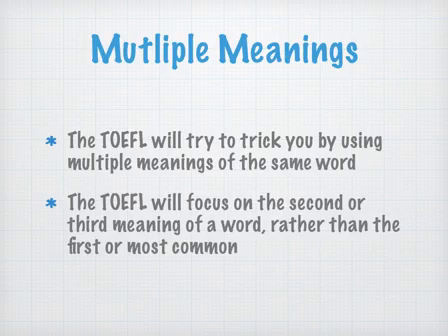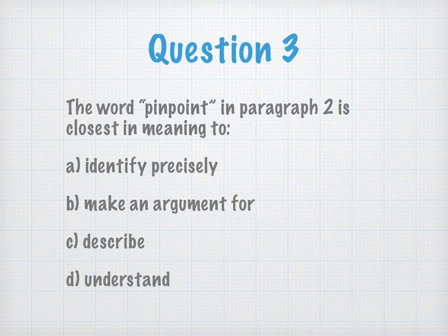It's a very important point, because if you've chosen the first or most common meaning, it's probably the wrong one. So let's have a look at question 3. The word "pinpoint" in paragraph 2 is closest in meaning to: identify precisely, make an argument for, describe, understand.